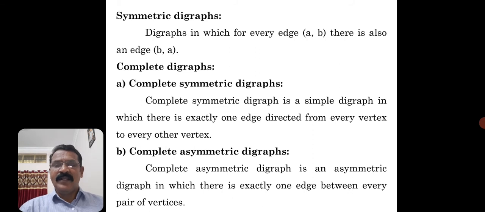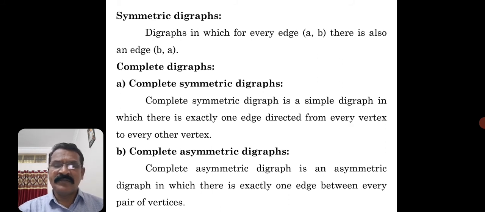Like between every pair of vertices there is an edge, we used to say there. Here, if you consider any pair of vertices, there is exactly one edge. So that will be the complete symmetric digraph, directed from every vertex to every other vertex.